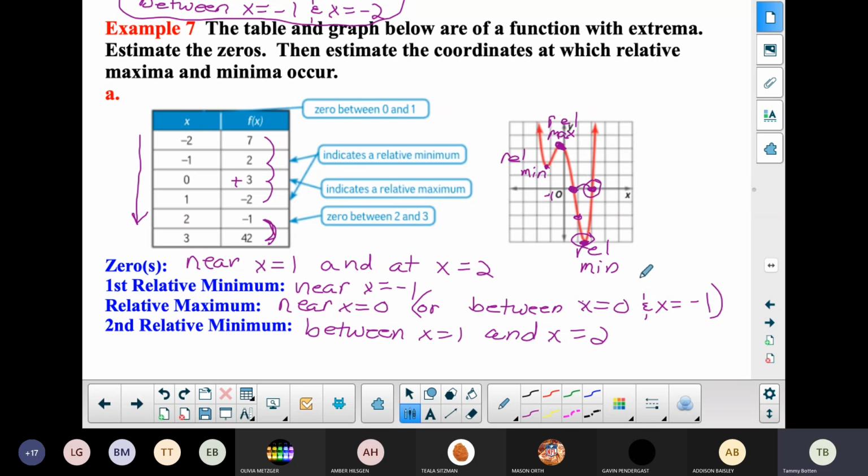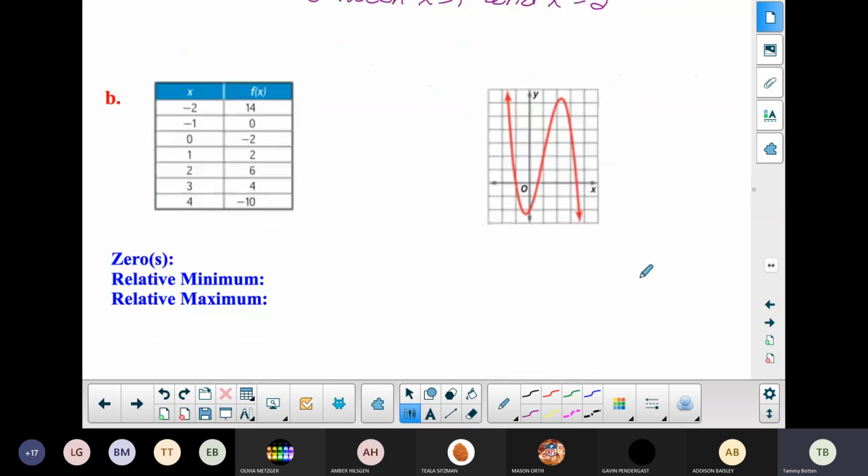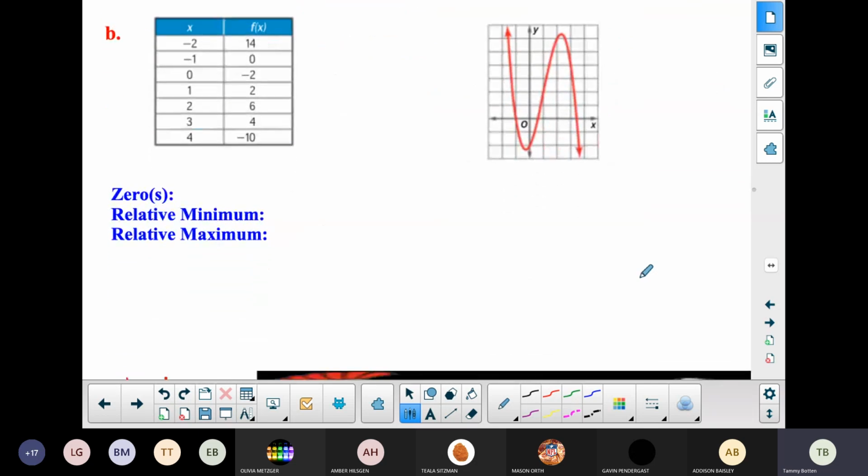Okay. Now, if I go down to our last question here, again, you could see that this is going to be a 0 right here because your y value is 0. Okay. And if you look here, -1, 0 is a 0. So you have a 0 at x equals 0.